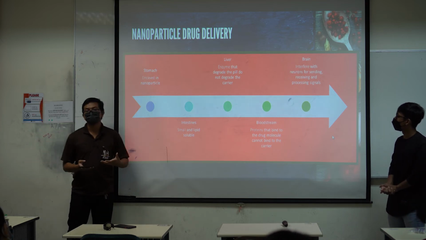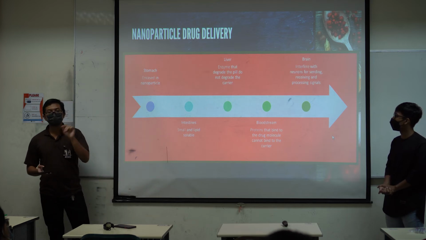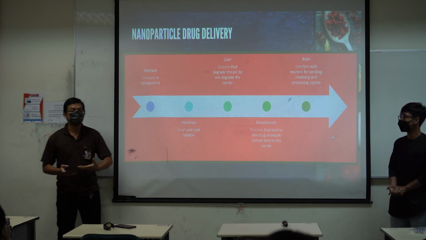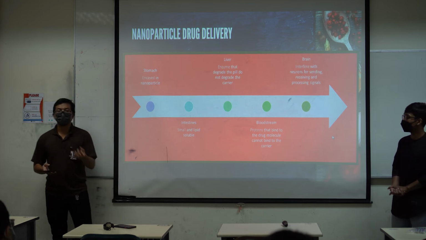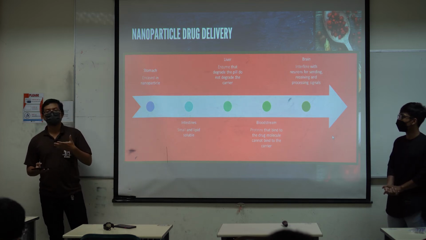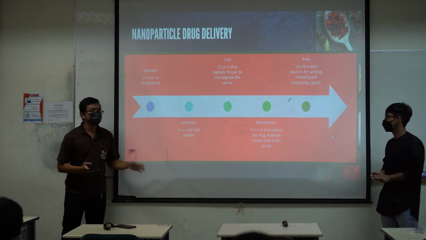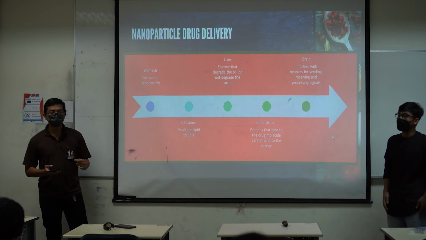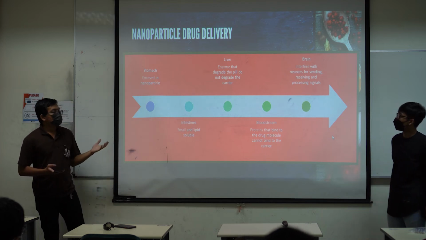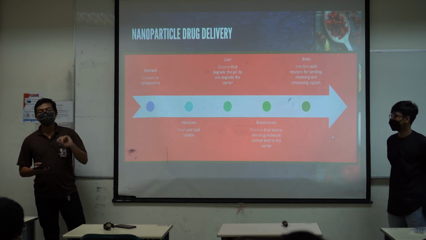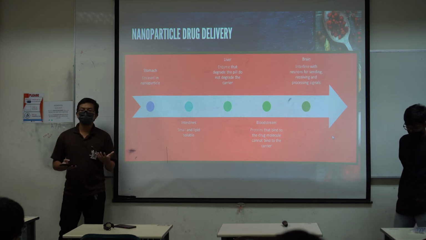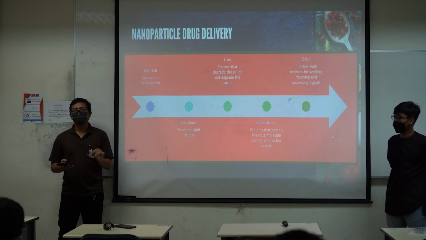And in the liver, before, the pill has no protection from the enzymes that degrade them, but now the nanoparticle carrier protects them without any degradation. And then it goes to the bloodstream, where there are proteins that can bind to the drug molecule, because a drug molecule has many compounds in it, like protein.